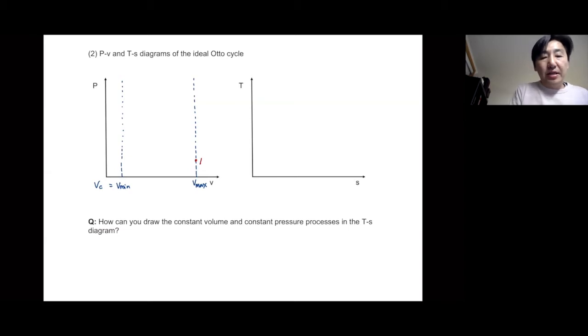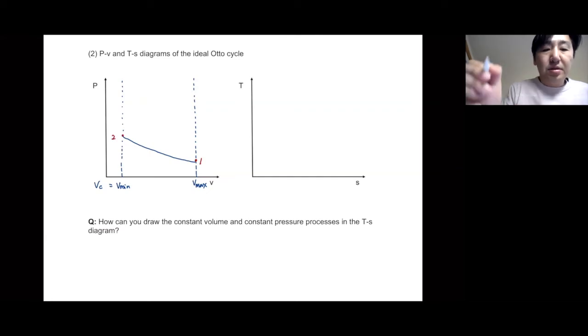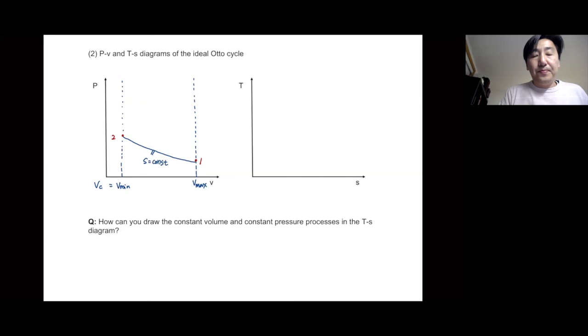That is an isentropic process, and I'm going to draw it like that. So that is number 2 after the compression process, which is constant entropy.